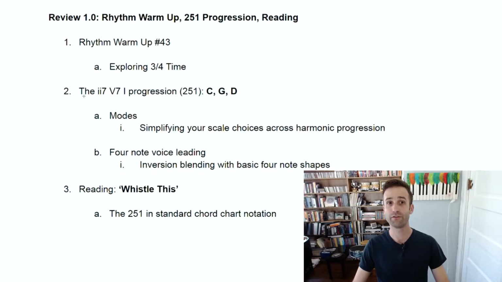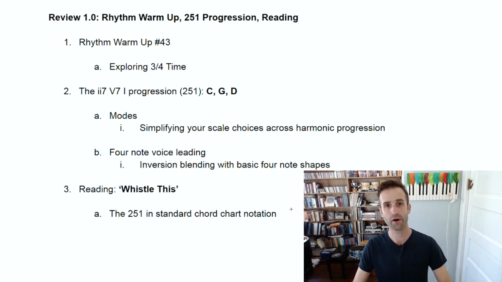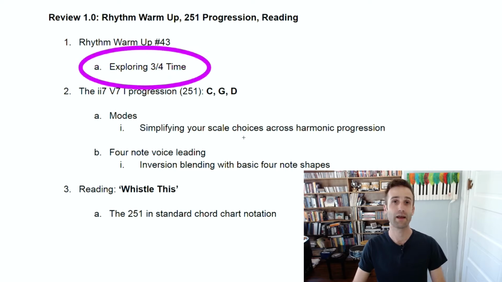For this review series, we're going to continue doing our rhythm warm-ups. We're going to start today off with a rhythm warm-up, although we are going to be exploring 3/4 time, since up until this point, we have mostly done everything in 4/4.